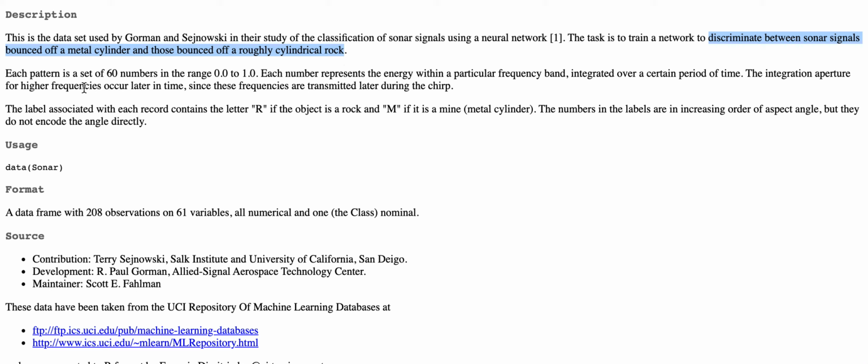Each pattern is a set of 60 numbers in the range 0 to 1. Each number represents the energy within a particular frequency band integrated over a certain period of time. And the label associated with each record contains the letter R, standing for rock, and M for a metal cylinder.